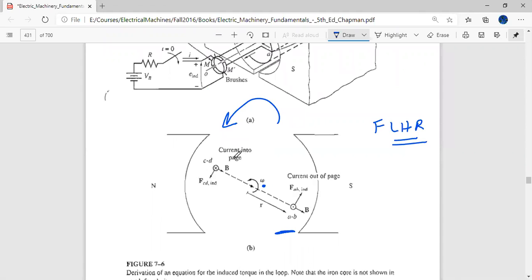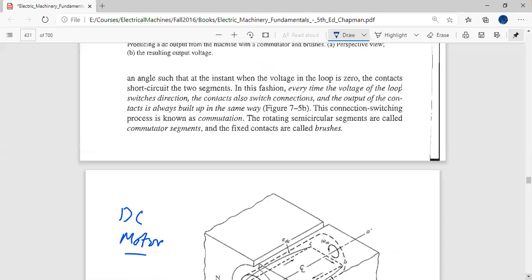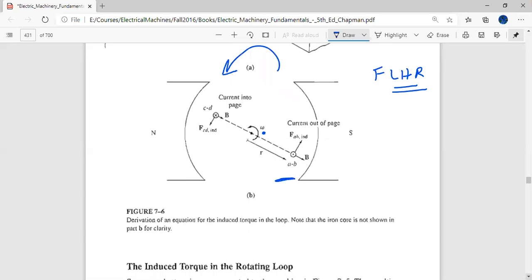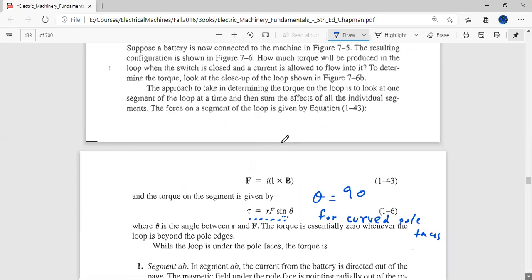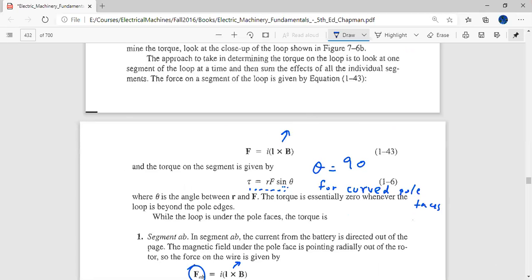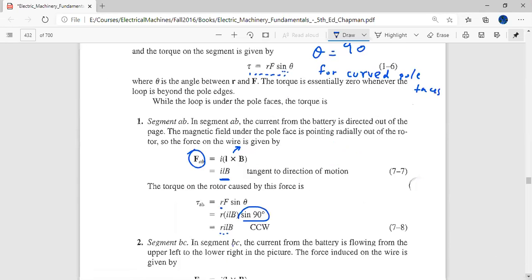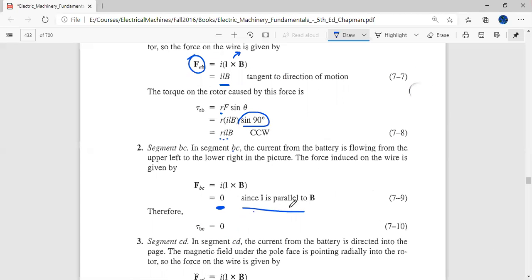Segment BC is the far end of this coil, and in that far end, whatever the current direction, the current will always be parallel to the B field, because at the far end the current direction is radial and the B field is also radial. So whenever you calculate L cross B, it will always be zero, because the two quantities are parallel to each other.